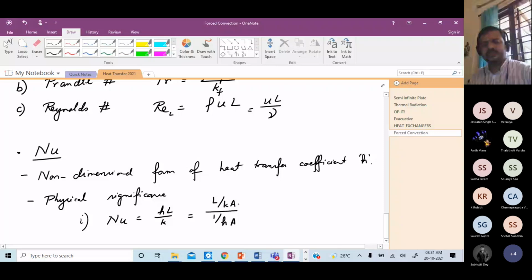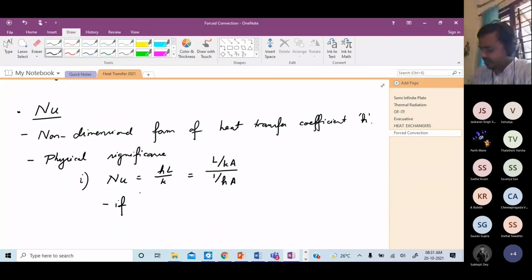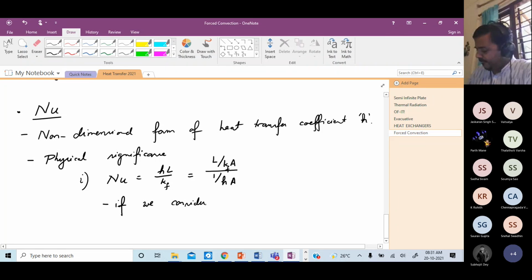So what it means is, if we consider a slab of fluid of thickness L and area A, with conductivity Kf. Write that first.